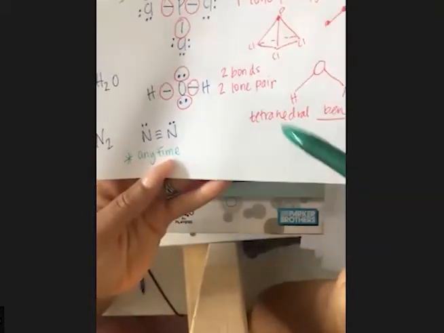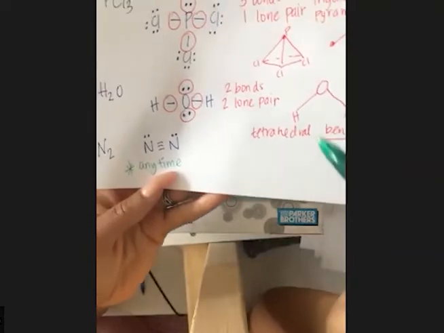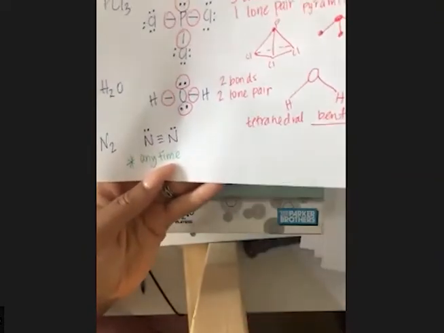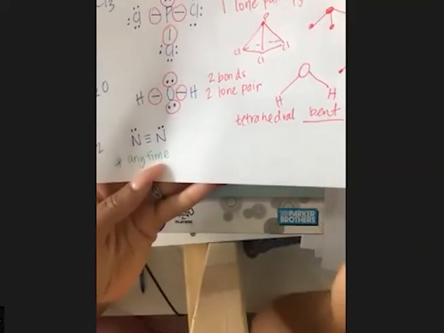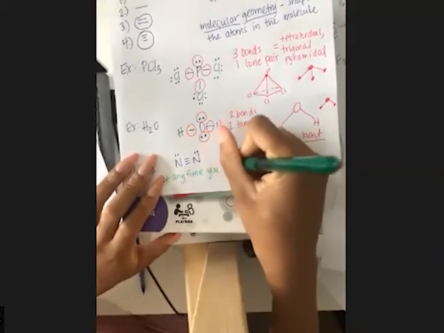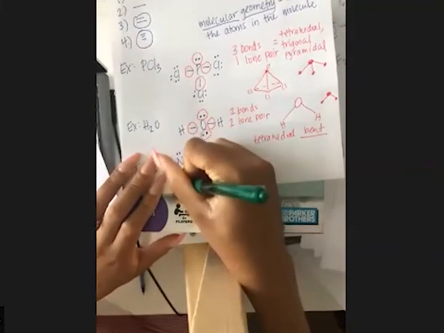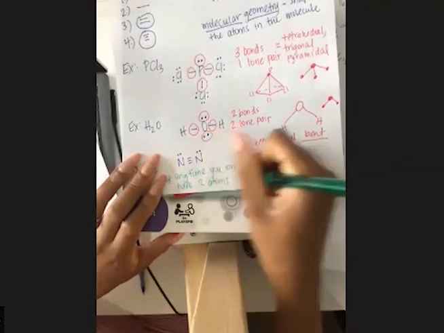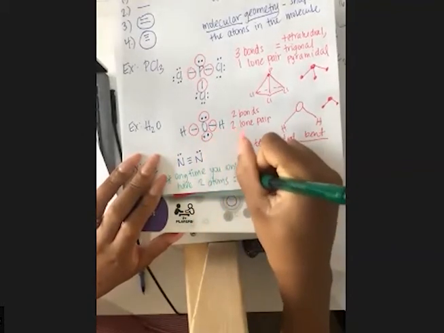You can't draw a pyramid or any type of bent thing. The only connection they have to each other is a straight line. So we say it's automatically linear because there's only 2 atoms. Anytime you only have 2 atoms, it's automatically linear.